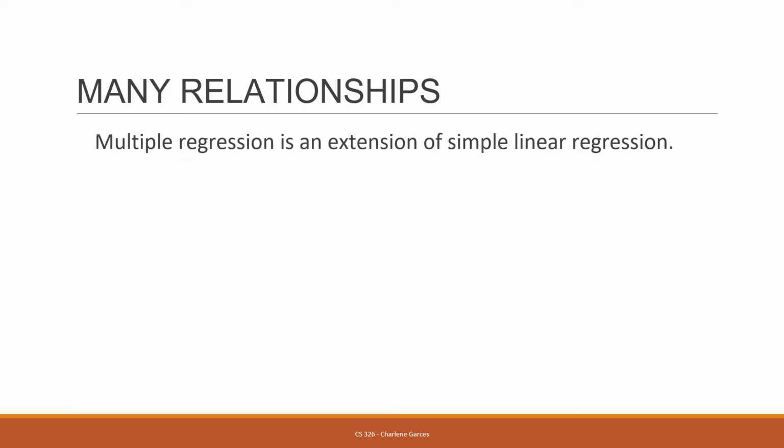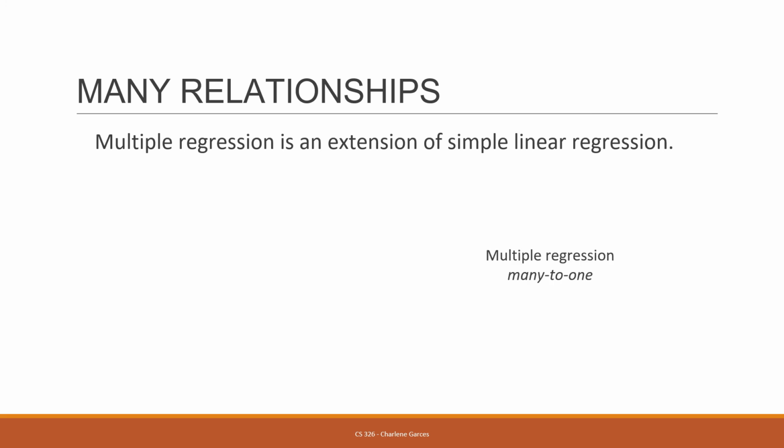Okay, so many relationships. Multiple regression is an extension of simple linear regression. Again, if you are asking why we are talking about simple linear regression and bivariate regression, it is because some studies involve two types of relationship or two types of regression.